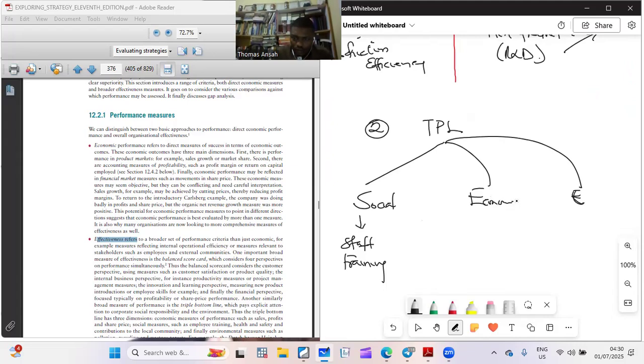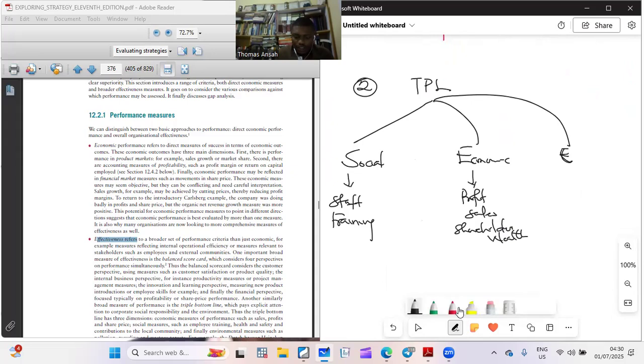Economic is about your profits, shareholder wealth, sales maximization, all right. So you can use this model just like the balance scorecard. Then E is environment. And when we talk about environment, we are talking about regulatory issues, clean environment and everything. All right. So that is that.